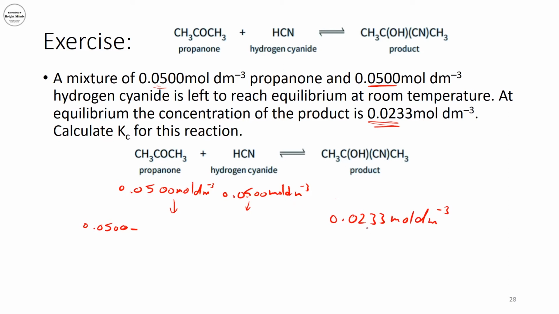This means if I end here with 0.0233 moles per cubic decimeter of my product, I can just subtract that from my value. So in here I have 0.0233. This is the final concentration of the propanone, and for hydrogen cyanide it will be the same, 0.0500 minus 0.0233.